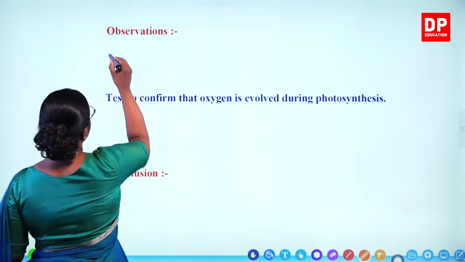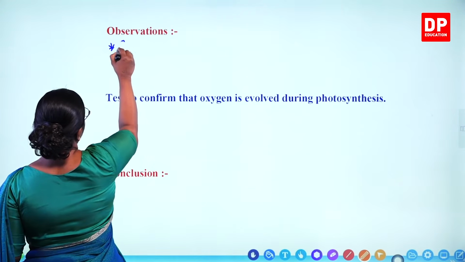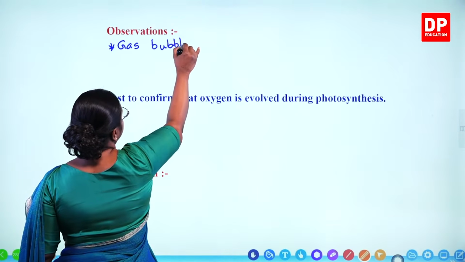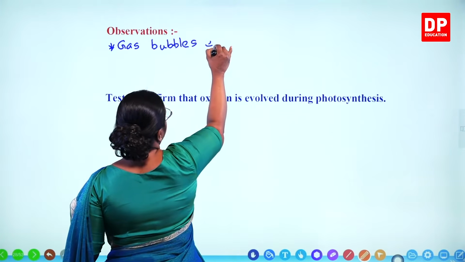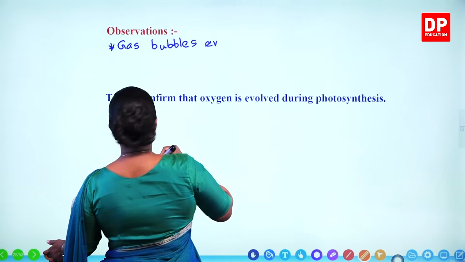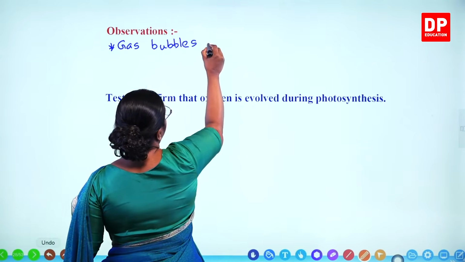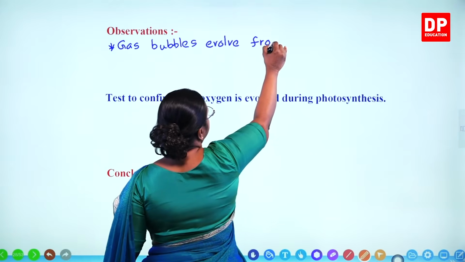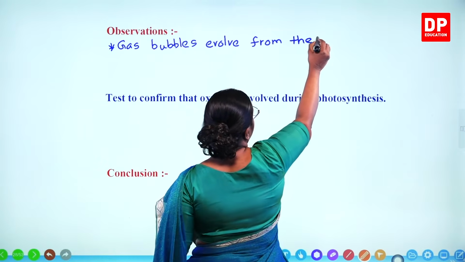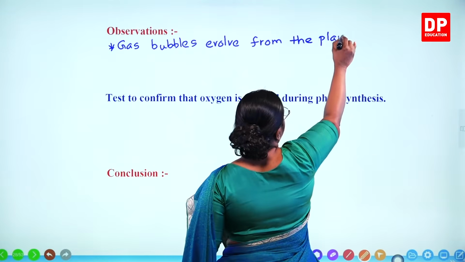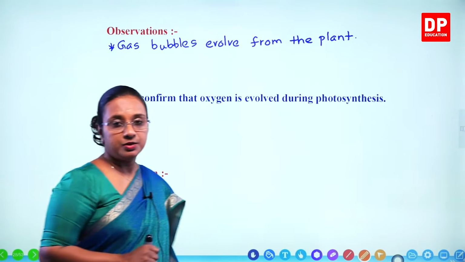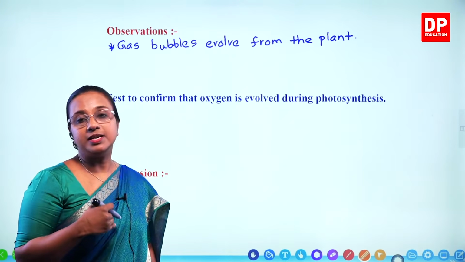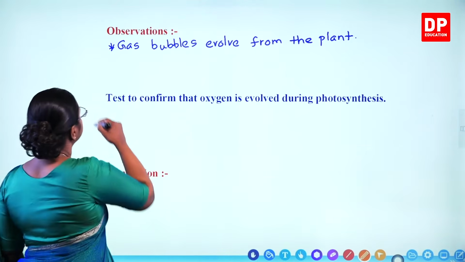So that was one observation: gas bubbles evolve from the plant. Then what did you see? Gas was collected by downward displacement of water.